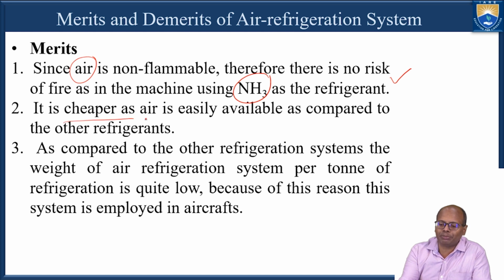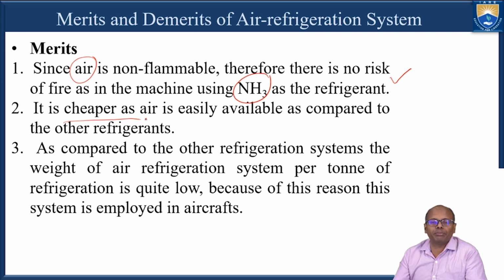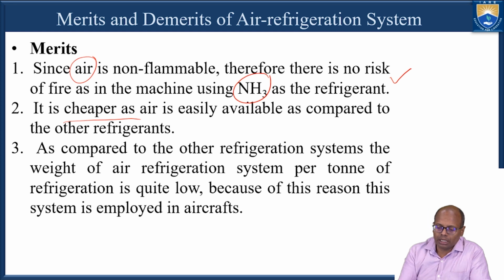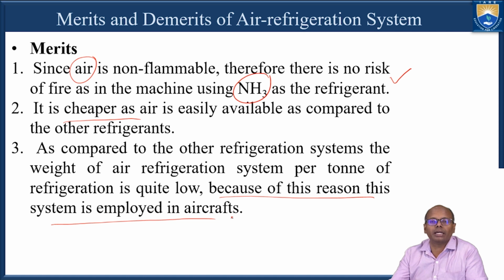So it is cheaper. The reverse Brayton cycle is cheap because air is abundantly available everywhere, but ammonia is not available everywhere. As compared to other refrigeration systems, the weight of air refrigeration system per ton of refrigeration is quite low. Because of this reason, the system is employed in aircraft.